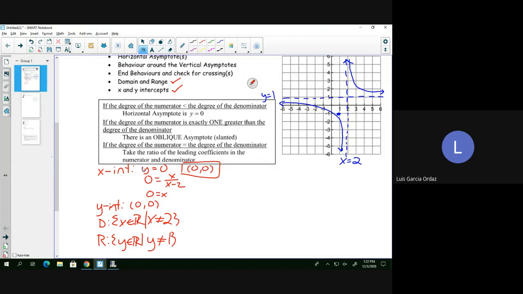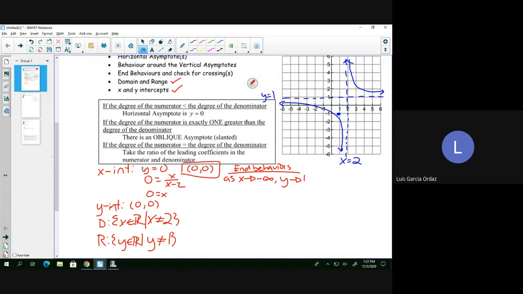So now let's look at the end behaviors. So as x approaches negative infinity, y approaches what? 1.